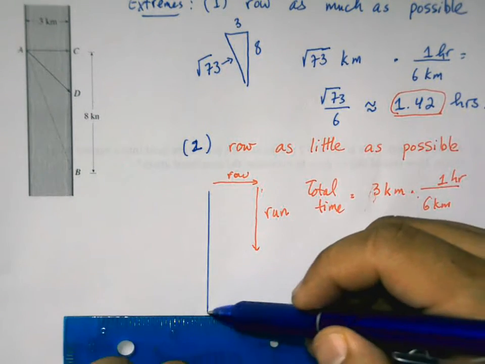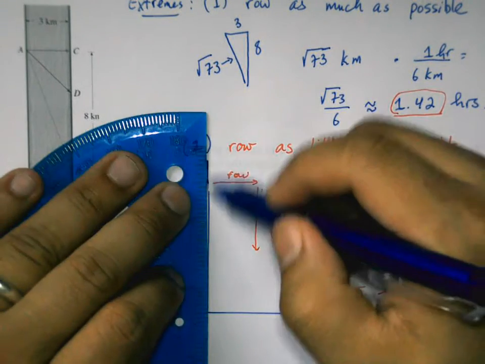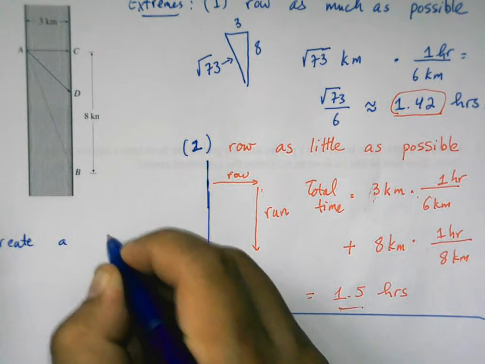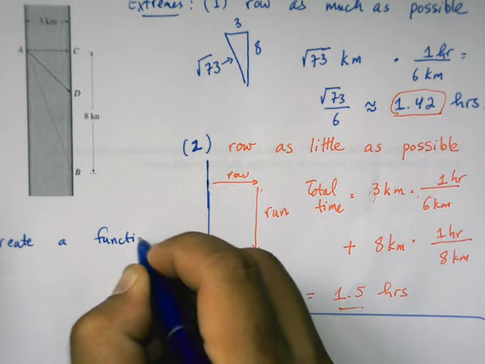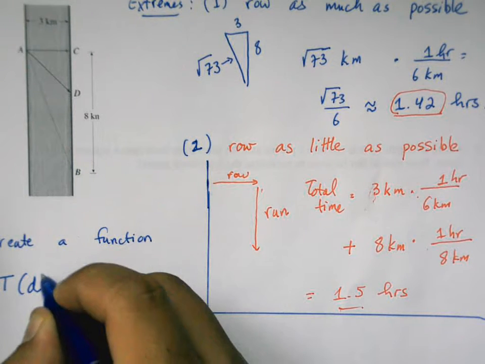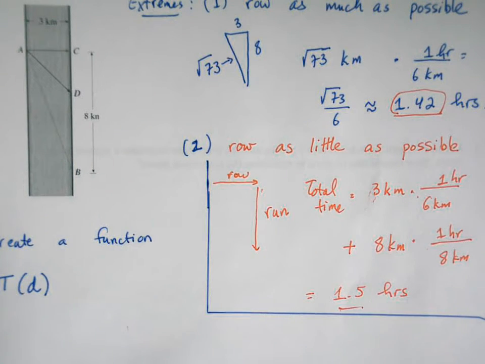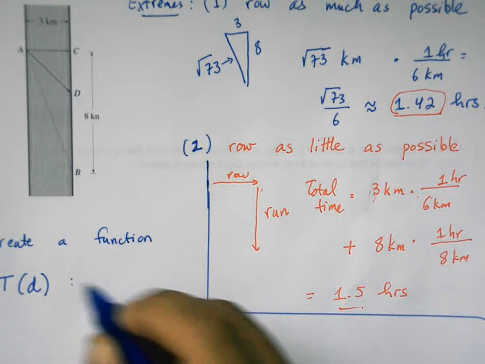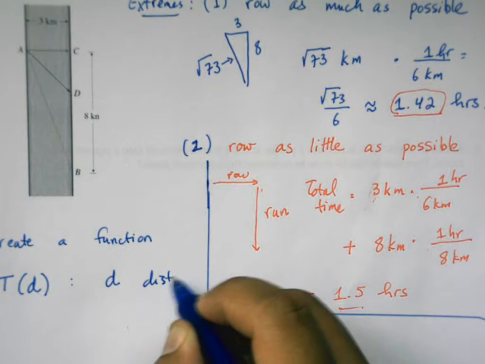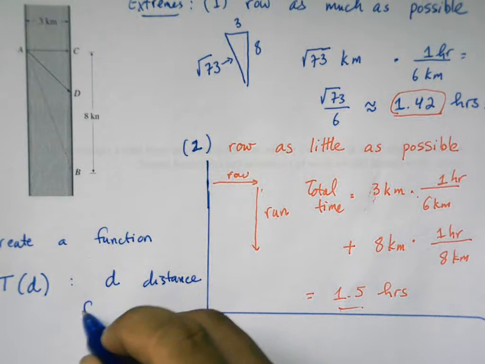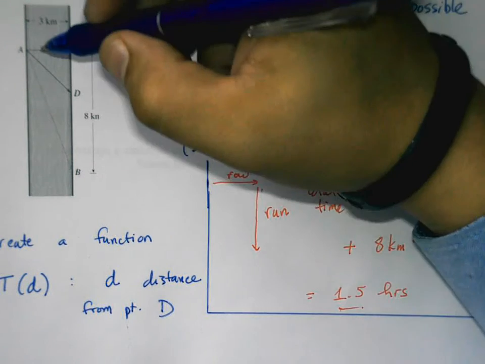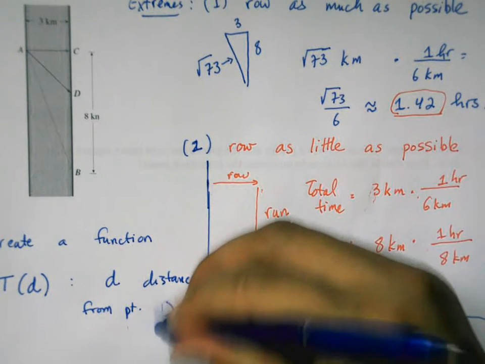And to do this, what we really need to do is create a function T of D, where D represents the distance from point C.